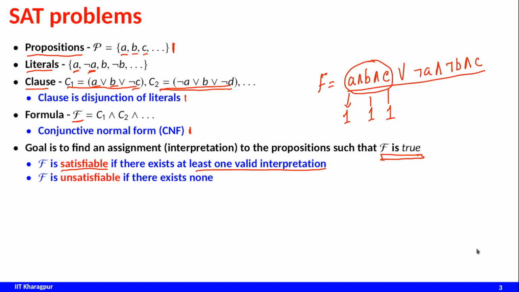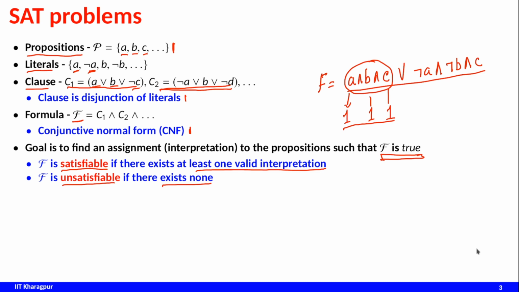So when I assign 1, 1, 1 to these three variables, this is just one interpretation. And it will be called unsatisfiable if there exists no valid interpretation that makes the formula true.